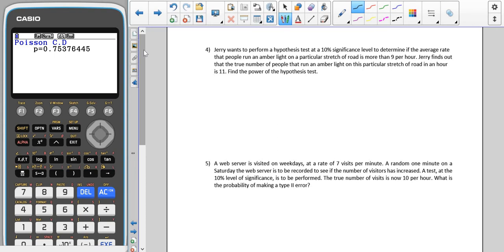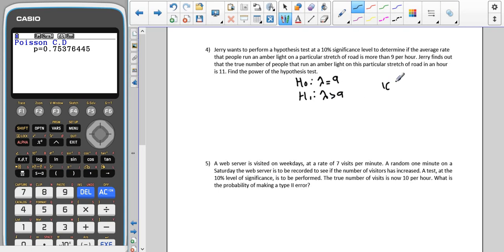So to begin with, we've got Jerry wants to perform a hypothesis test at a 10% significance level to determine if the average rate that people run an amber light on a particular stretch of road is more than 9 per hour. So our H0 would have been that lambda is 9, and our H1 would have been that lambda was more than 9.